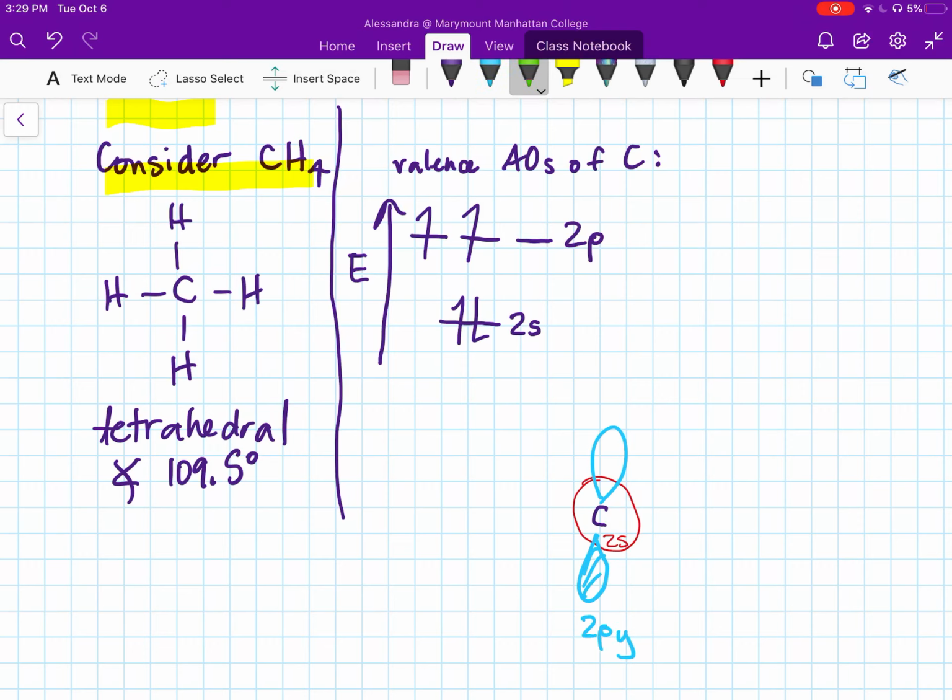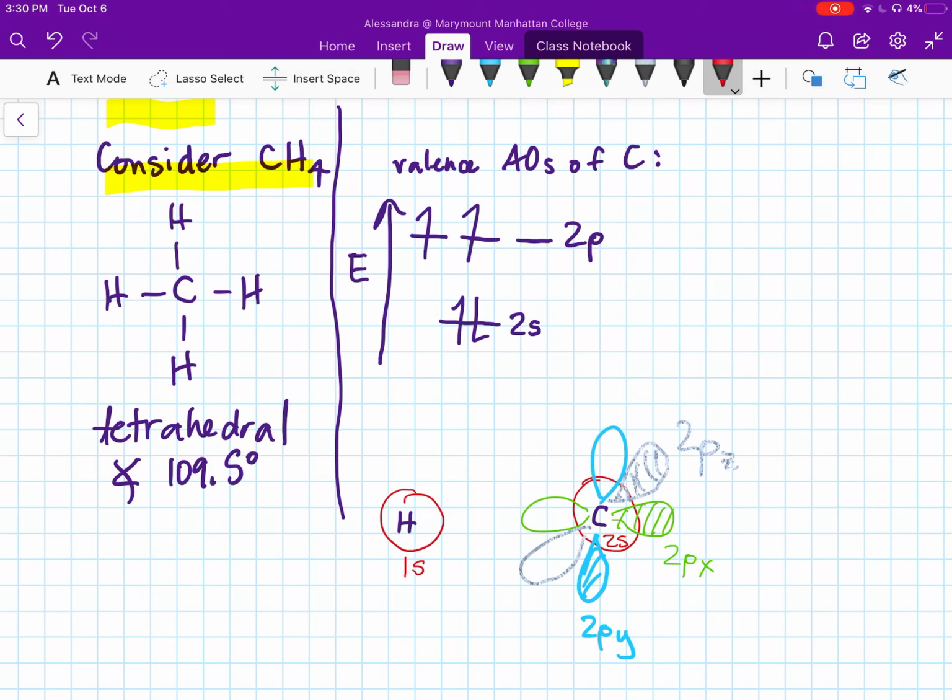I can also draw 2px, and remember, they look like dumbbells with opposite shading on their lobes to indicate the fact that I have opposite phase in the wave function in these two lobes. And here's 2pz. Okay, so those are the atomic orbitals of carbon. What about the atomic orbitals of hydrogen? Well, hydrogen just simply has a spherical 1s orbital associated with it.